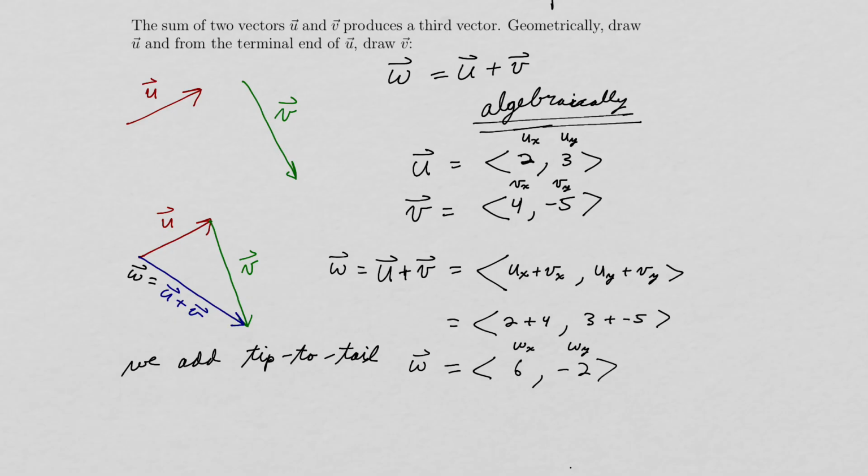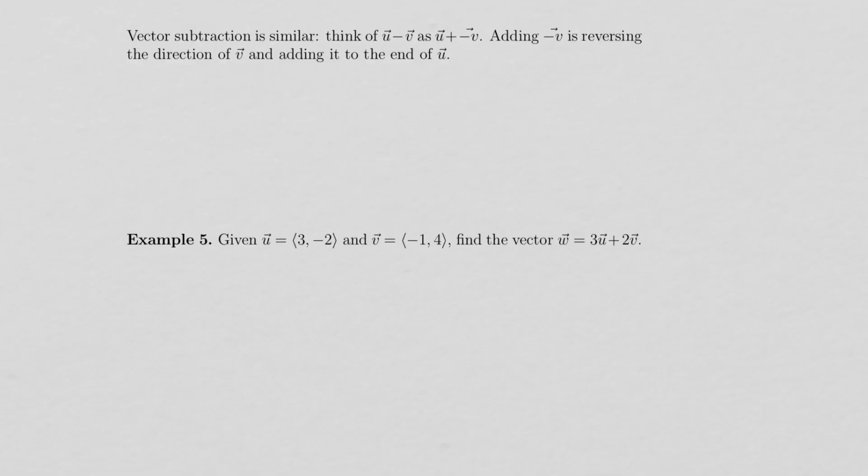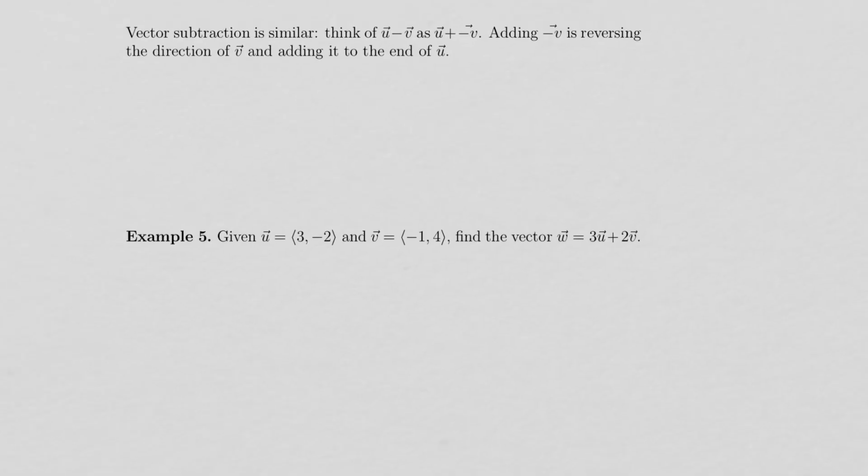And then subtraction is actually similar, except usually when we subtract something, we think of adding the opposite, just like with real numbers. Let's say I had -3 minus 5.